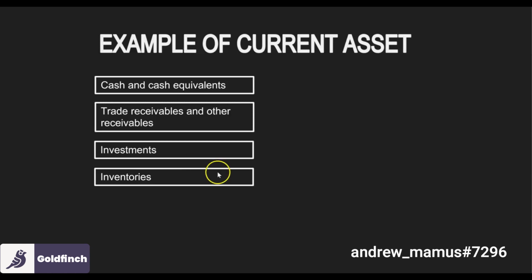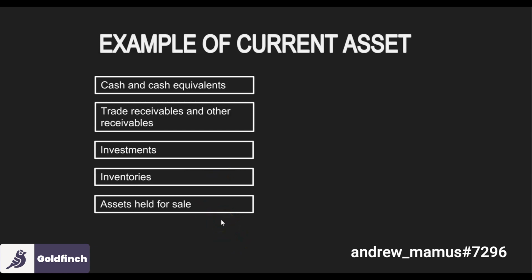Assets held for sale is another example of a current asset. Note that this balance sheet is taken within the range of a year, so you can get all the details by the range of a year.